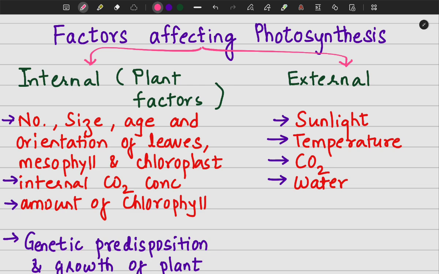Similarly, more number of chloroplast and more number of mesophyll cells containing chloroplast means the rate of photosynthesis will be higher. Besides that, the internal carbon dioxide concentration is also directly proportional to the rate of photosynthesis, as well as the amount of chlorophyll present inside the leaves. So all these internal factors, they are directly proportional to the rate of photosynthesis.